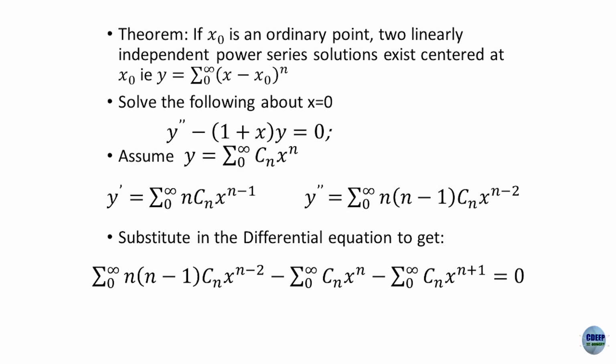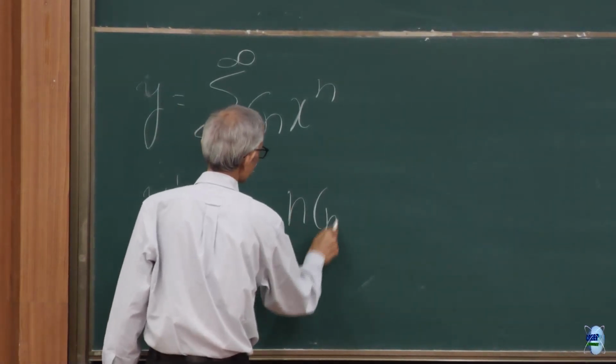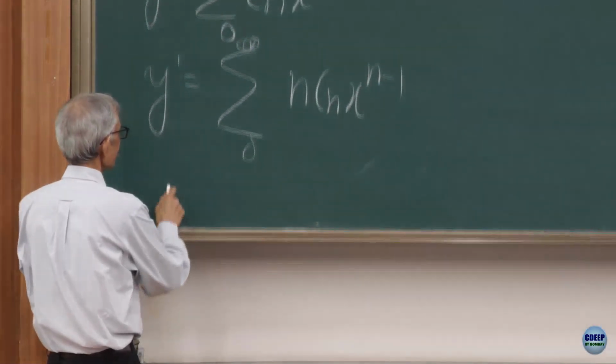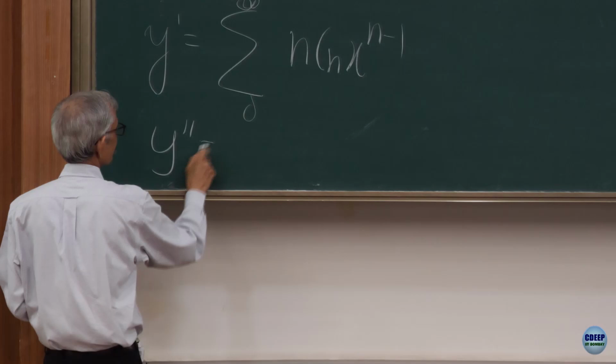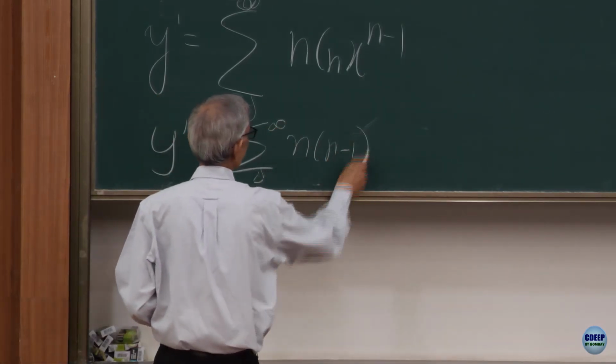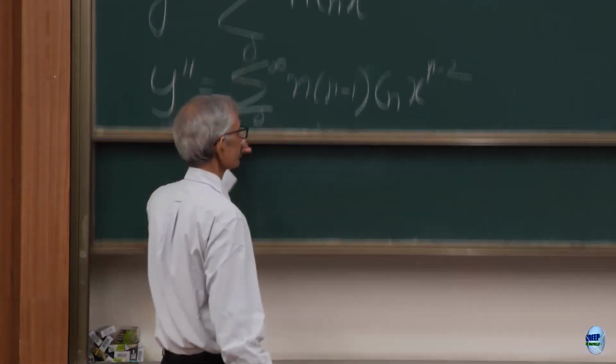We say that y is equal to the sum from 0 to infinity of Cn x to the n, and y prime is the sum from 0 to infinity of n Cn x to the n minus 1, and y double prime is the sum from 0 to infinity of n times n minus 1 Cn x to the n minus 2.